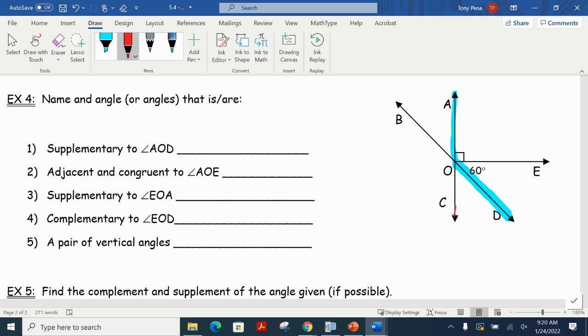So if I go C to O to D, wouldn't that have given me this big blue angle that I had initially? And then now we have this angle here that would create this straight line right here. All right, so angle COD is one of our answers, or DOC if you wrote the D first and then the O and then the C. All right, so that's one of them.